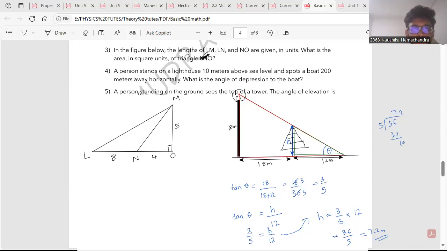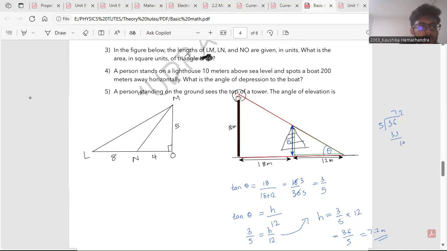So area in square units of... Area of the triangle LNM.